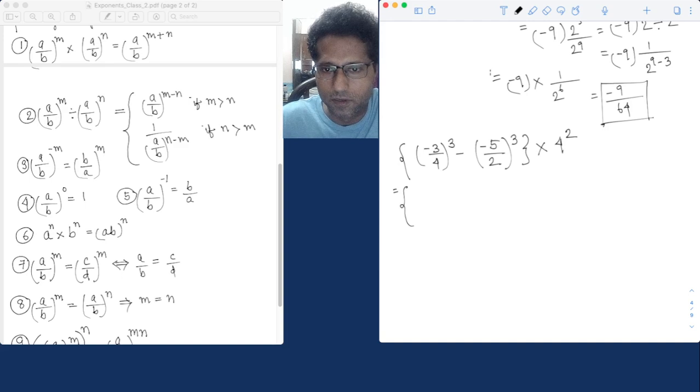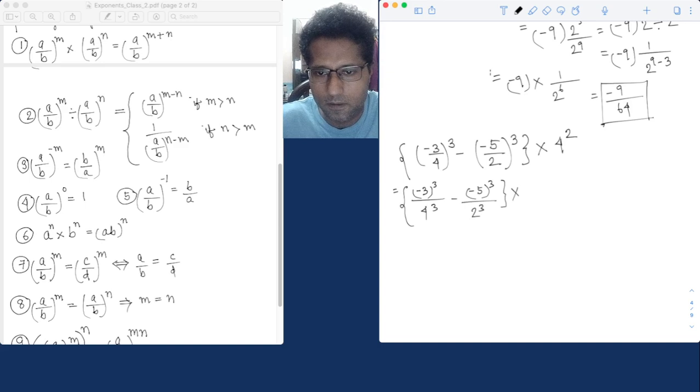So over here, first we have to evaluate minus 3 by 4 raised to the power 3, that is minus 3 cube by 4 cube, and minus 5 cube by 2 to the power 3, multiplied by 4 square.